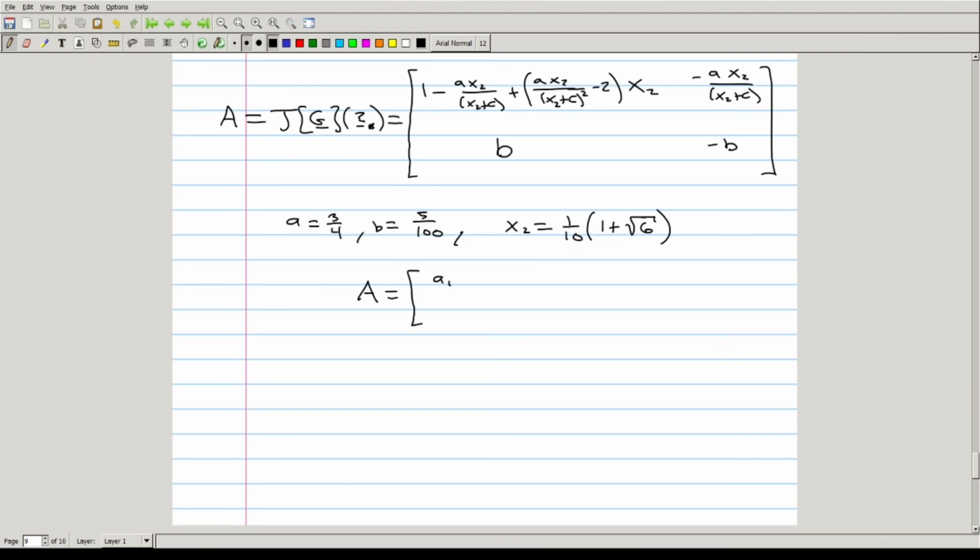is just the matrix A11, B, A12, negative B, where A11 is equal to 1 over 25 times 53 over 2 minus 17 square root of 3 over 2, which is approximately equal to 0.22717.